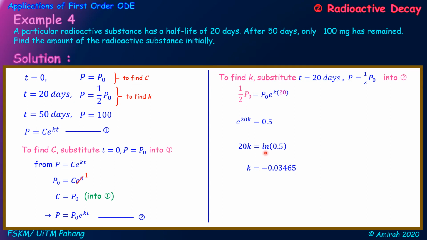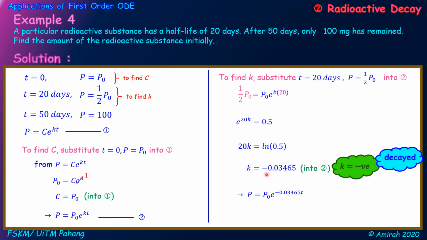We divide ln 0.5 by 20 to get k. And we get k with a negative sign, because it is decay.